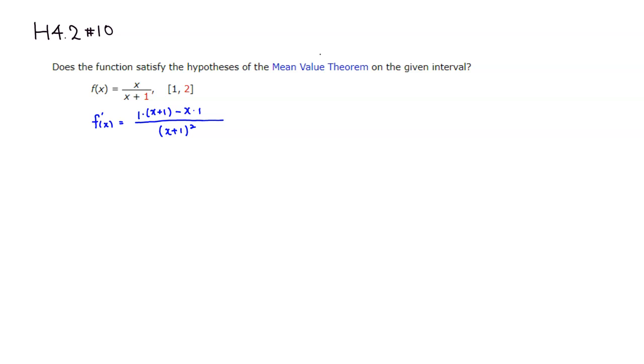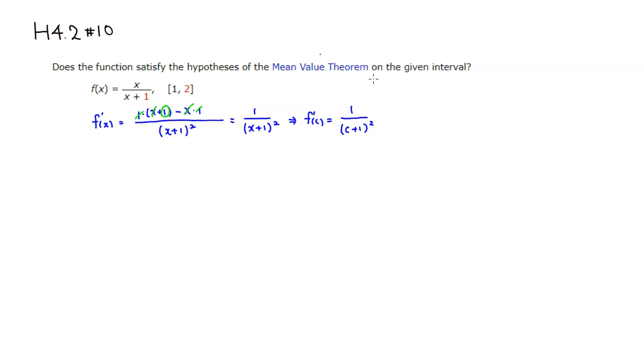So x minus x cancels out, and you have 1 left on top. So you have 1 over quantity x plus 1 squared. So f prime of c is equal to 1 over c plus 1 squared.